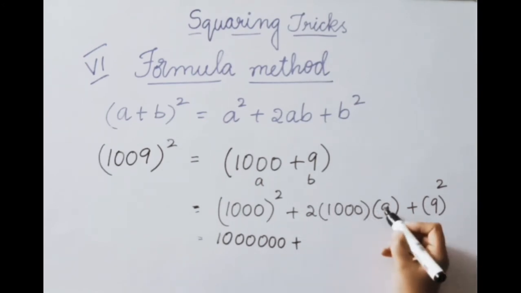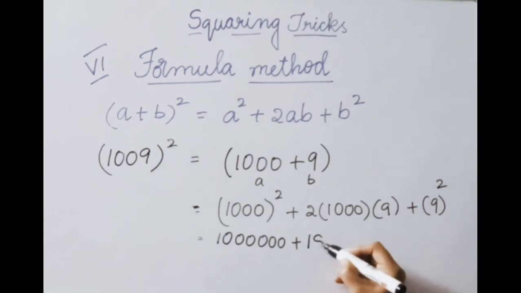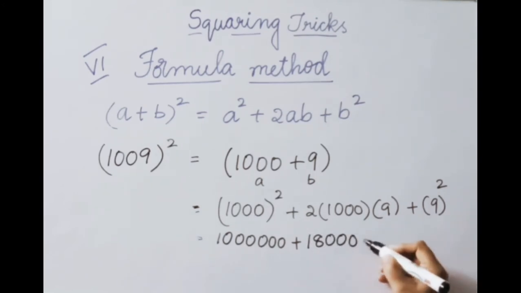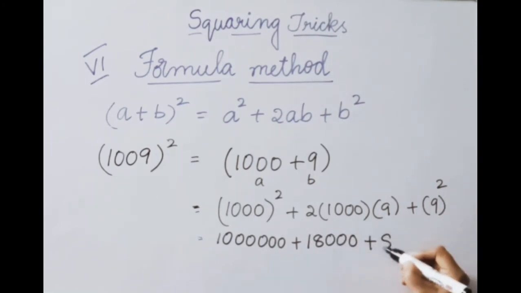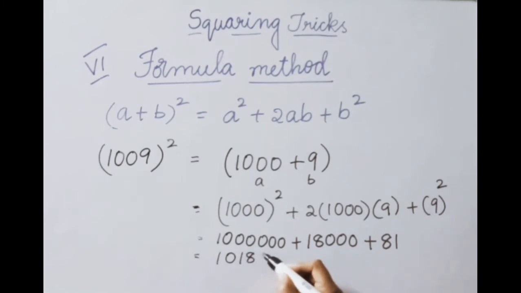Plus 9 into 1000, 9000. 9000 2s are 18,000. Plus 9 square means 81. Now add all those values, that is 10 lakhs, 18,000, 81. This is the answer.